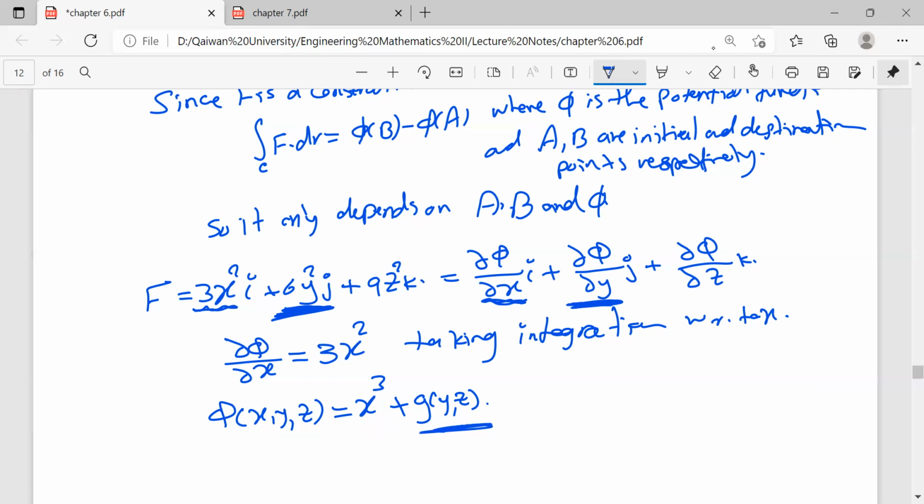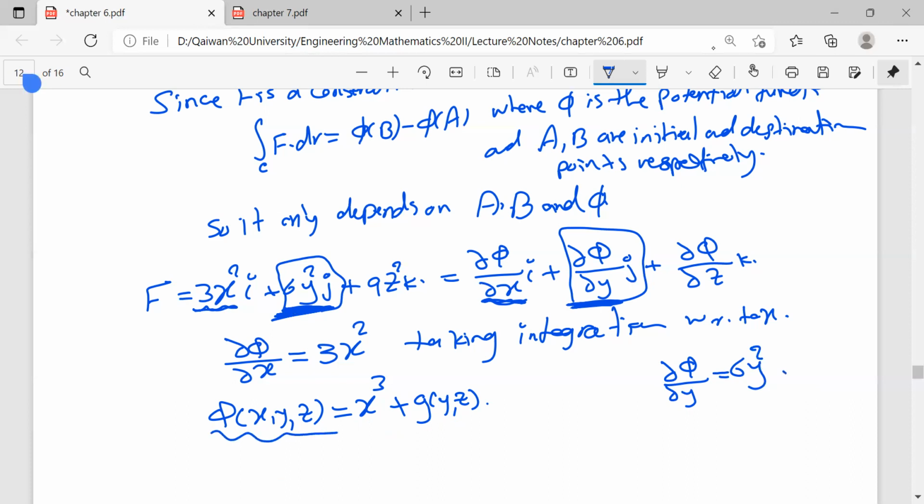Let's do it in another way. From the equality of these two vectors, we say partial phi by partial y equals 6y squared. Okay, but here we have phi. We find the partial derivative for phi with respect to y, and we equal it to 6xy squared.